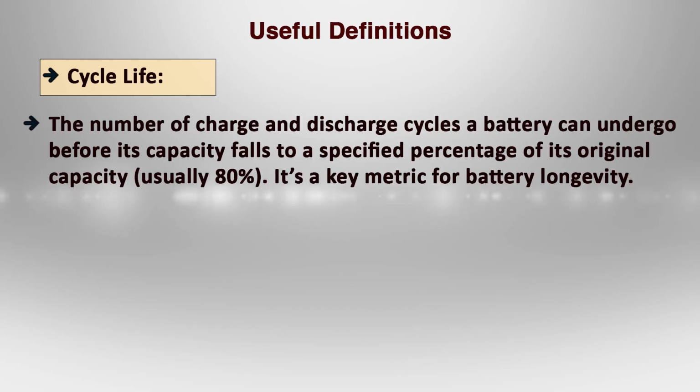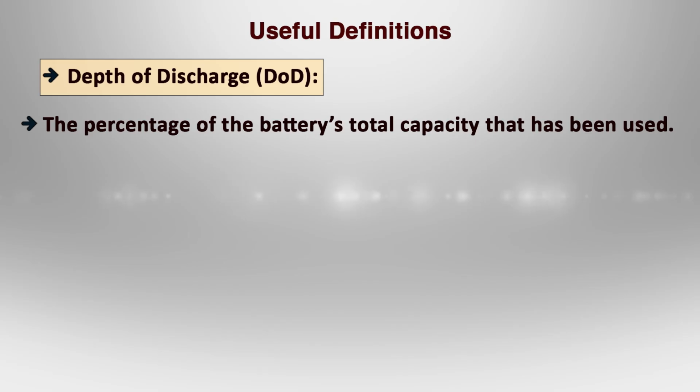The next one is the cycle life, the number of charge and discharge cycles a battery can undergo before its capacity falls to a specific percentage of its capacity, usually 80%. So this particular cycle life gives the battery longevity.